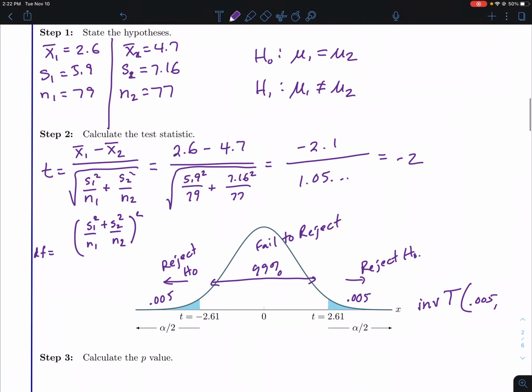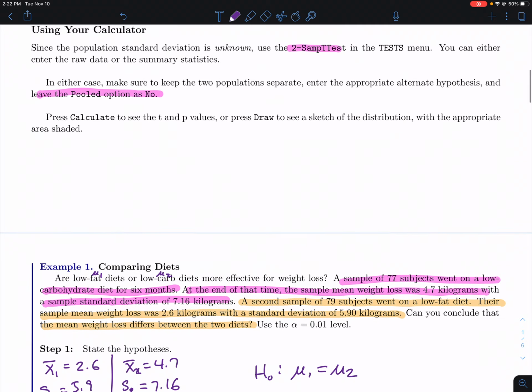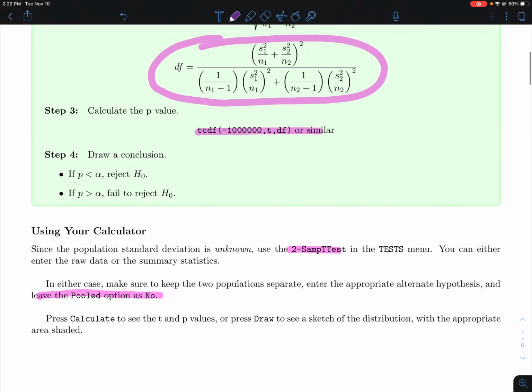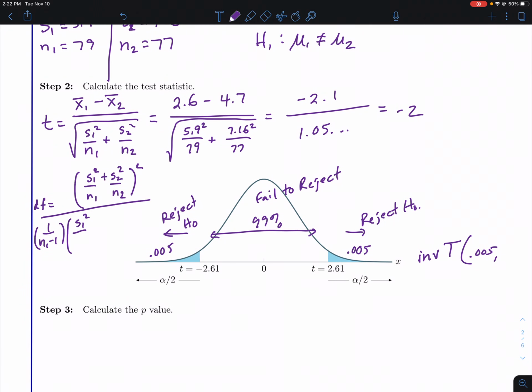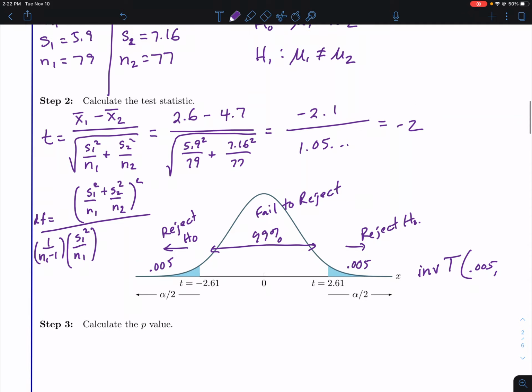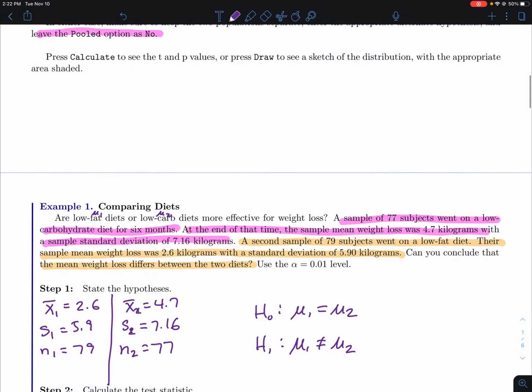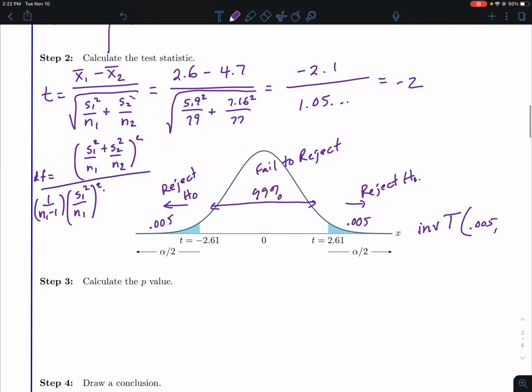And then 1 over N1 minus 1 times the first part squared again, so S1 squared over N1, all squared. Yep, squared twice. There's a lot of squaring going on in this. And now 1 over N2 minus 1, and then S2 squared over N2, all squared. This is a disaster.